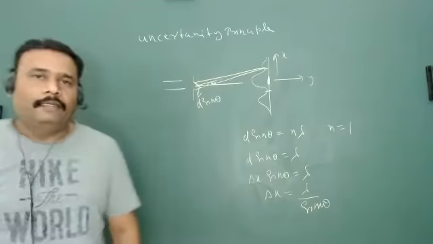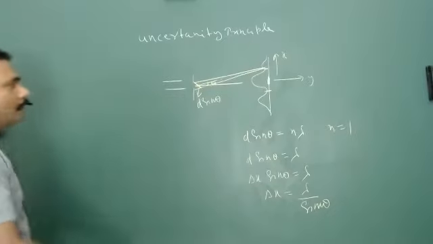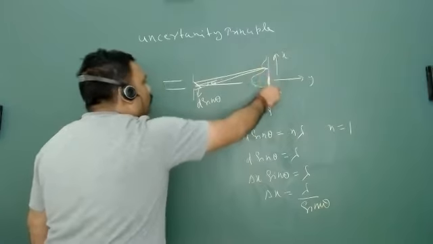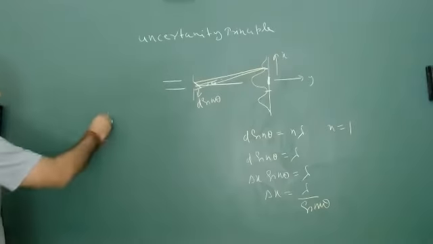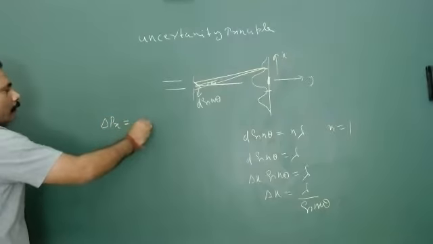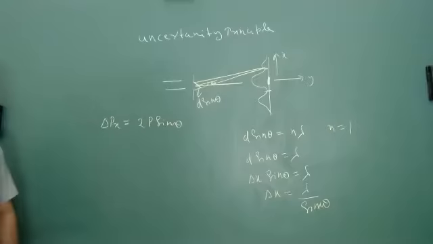Let us calculate the change in momentum. Obviously it will spread to this side, and it also spreads to this side. So what will be delta px? Delta px is equal to 2p sine theta, if p is the momentum.